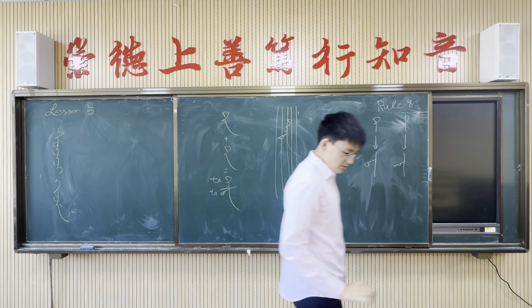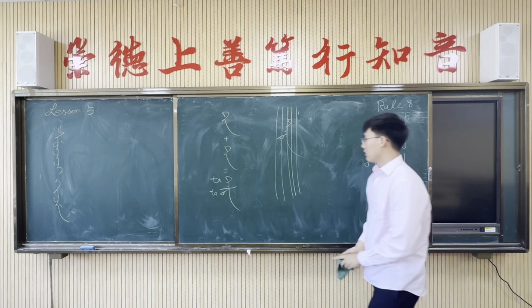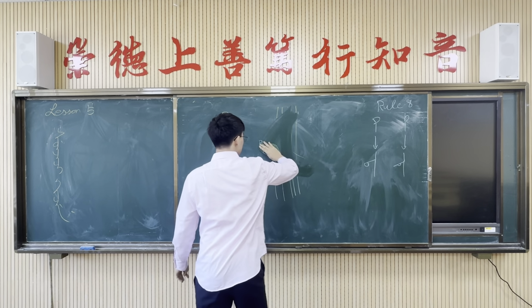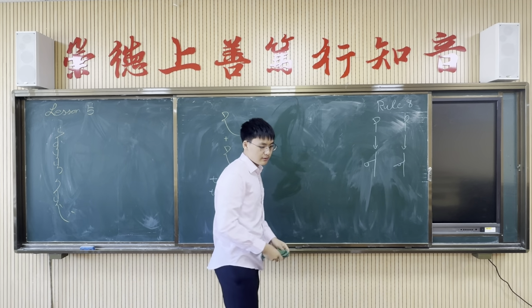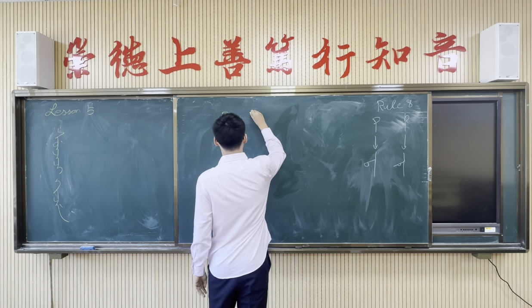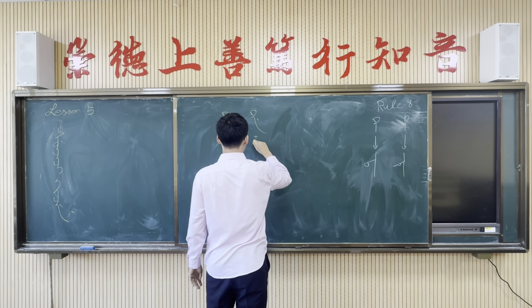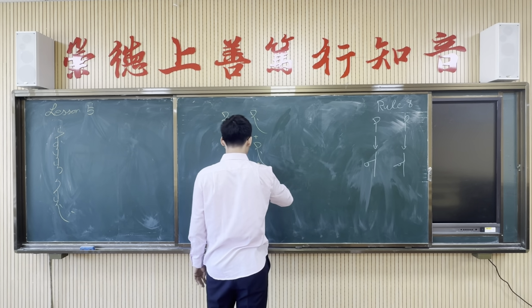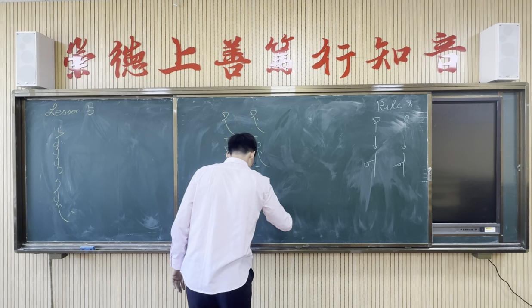So you can copy these down, or take a screenshot and put it into your notebooks. And now I'll be writing the other 4 letters. Then we have da, da plus da equals da da.